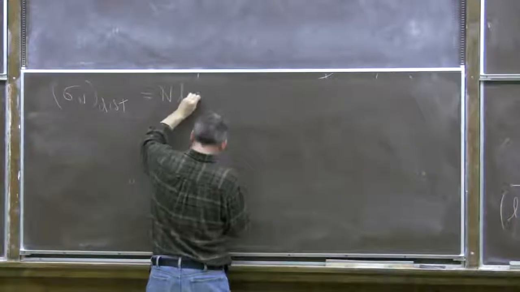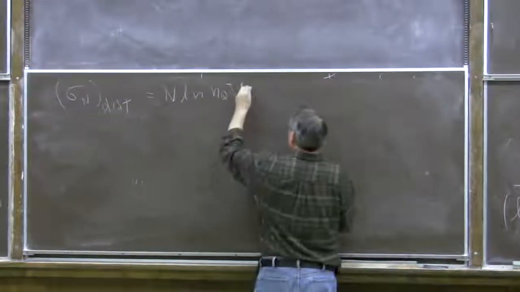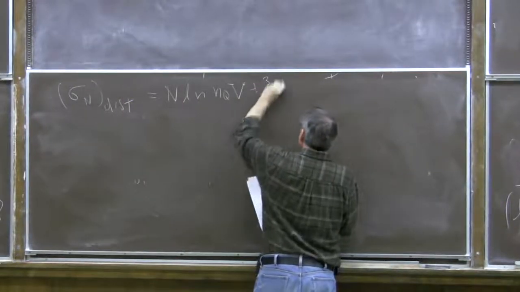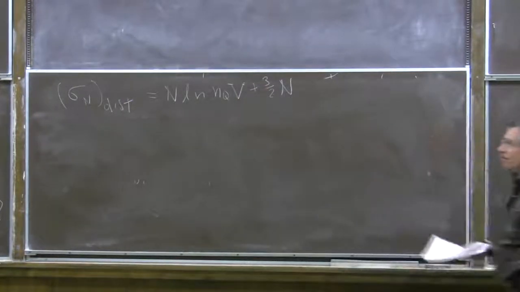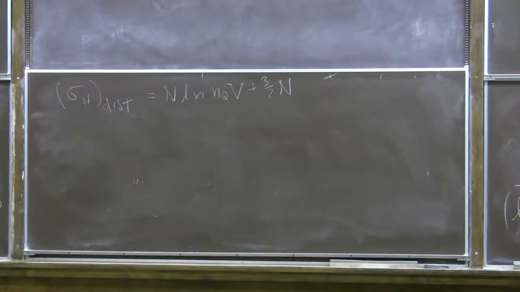N log quantum concentration times volume plus 3/2 N. So we start out with N1 particles in box 1, which has volume V1, and N2 in box 2, which has volume V2.